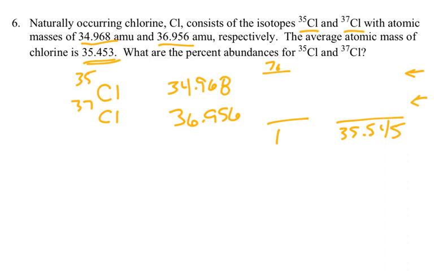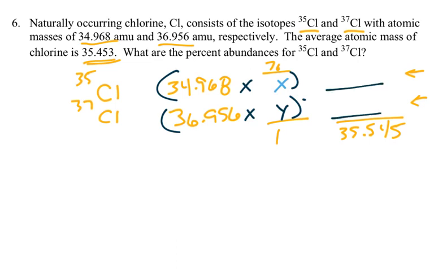We know that this times, we're going to call it X, and this one times, we'll call it Y for right now. If we add those up, we get this.